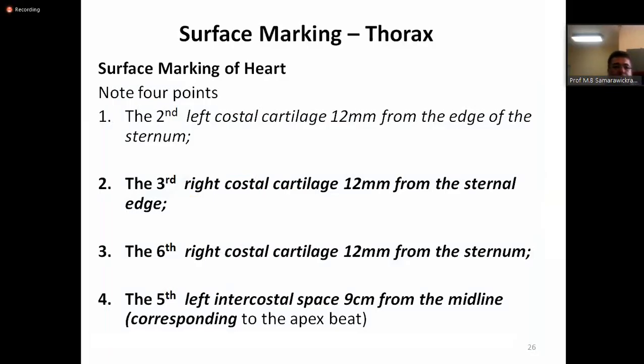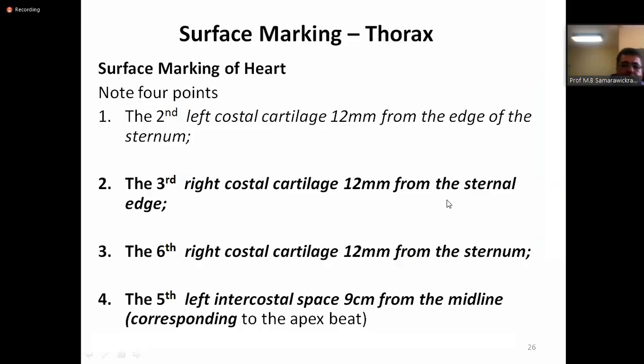Okay. Surface marking of the heart. There are four points that you have to remember. Second left costal cartilage, 12 millimeters from the sternal edge.